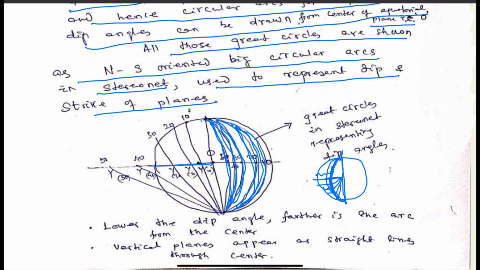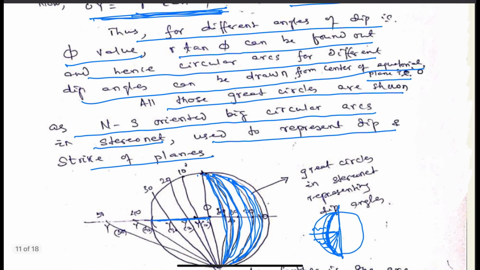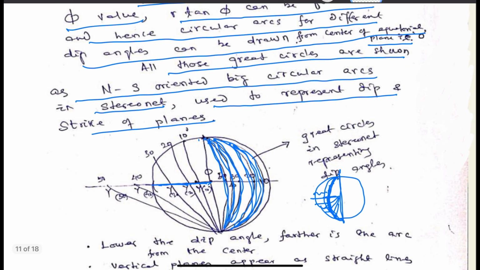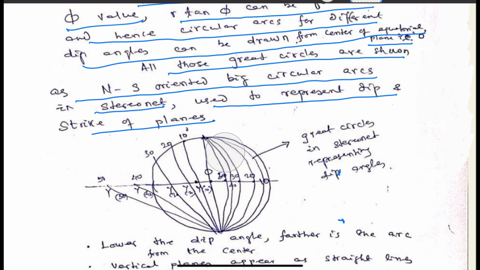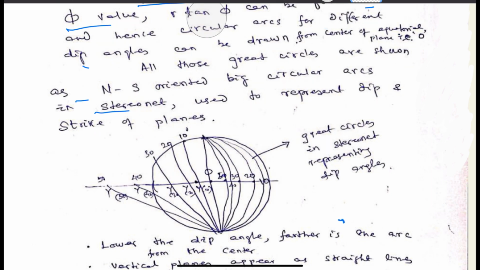The arcs are drawn by taking into account this OY value. OY is equal to r tan phi. So we could know how these great circles are being drawn in the stereonet.